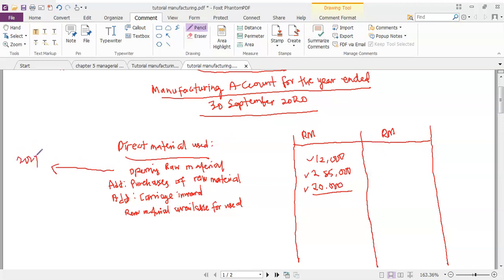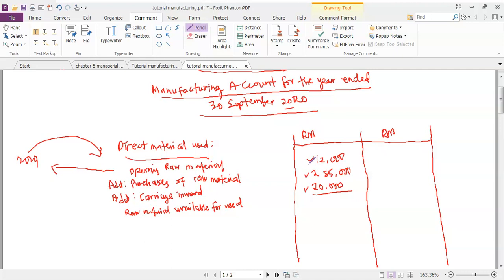Okay, there is some of the value of opening raw material that can be used, so that we should forward. Okay, we should add on in 2020, for the next year. This year is current year is 2020. So that's why you should add on 12,000 with 285,000 and 20,000.